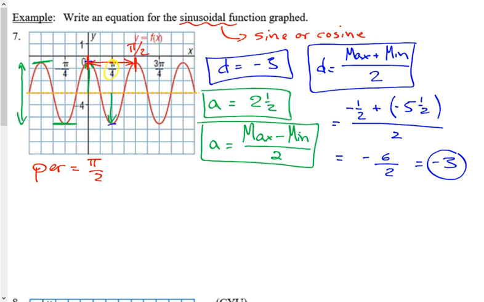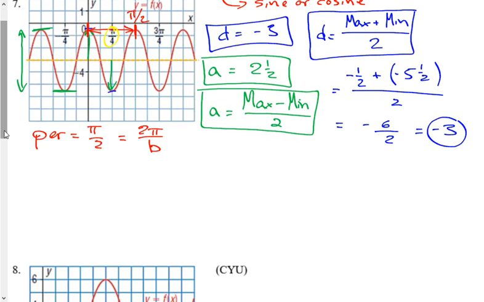Well, we know that our period is also equal to 2 pi over b. So if we knew the b value, then this is how we'd find the period. And we could just look at the pattern here and say, oh, well, what would b have to be? 4.